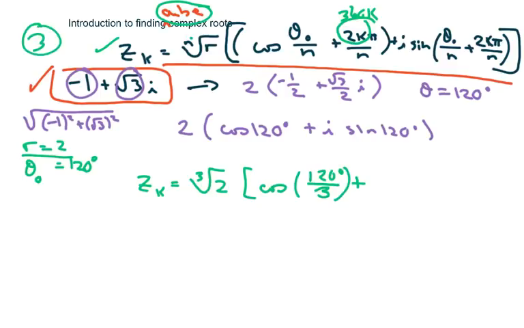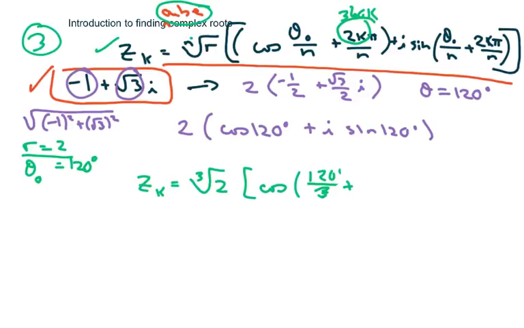plus i sine of 120 degrees over 3. Okay? Oh, I forgot to add the plus k. So basically, we forgot our plus k. I was thinking of something else.